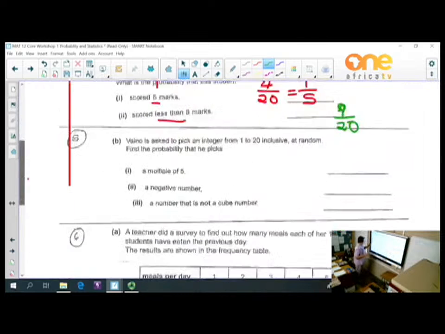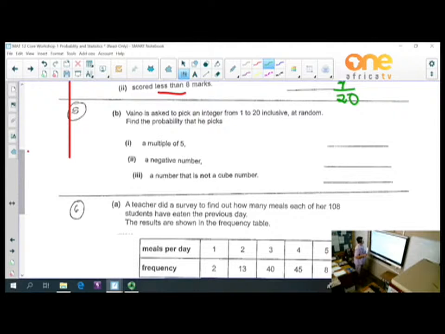Right, the next one, Vino. Vino is asked to pick an integer from 1 to 20 inclusive. It means the 1 and the 20 is included. Find the probability that it picks a multiple of 5. So what are the multiples of 5 here? 5, 10, 15, and 20.